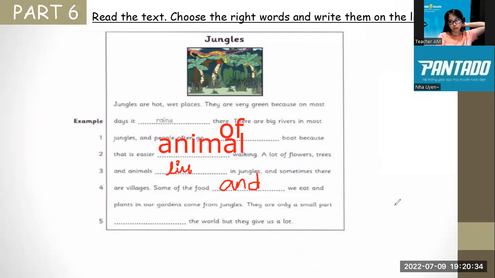They are only a small part, blank the world. What's that?